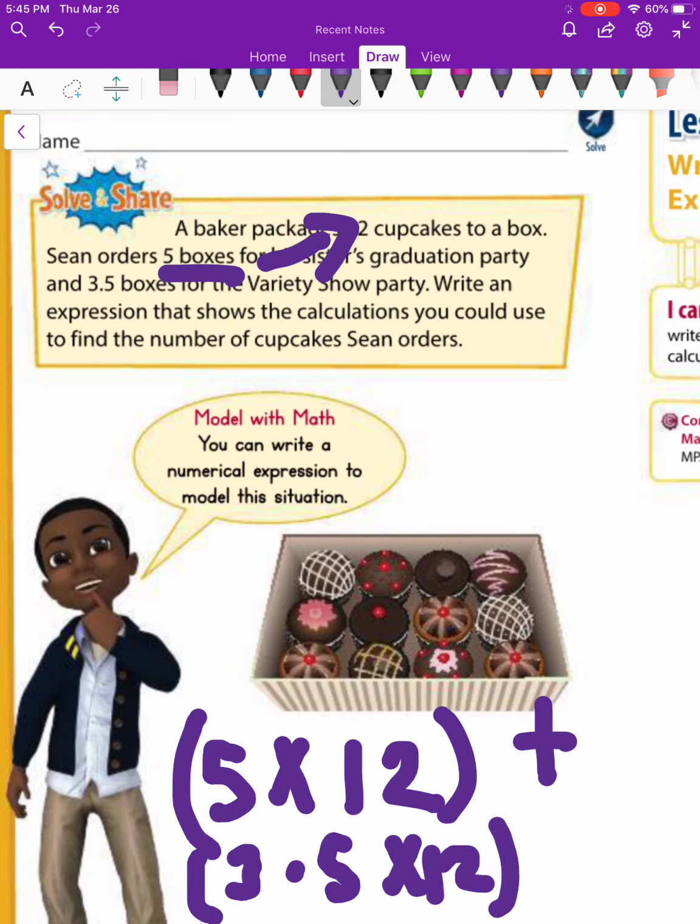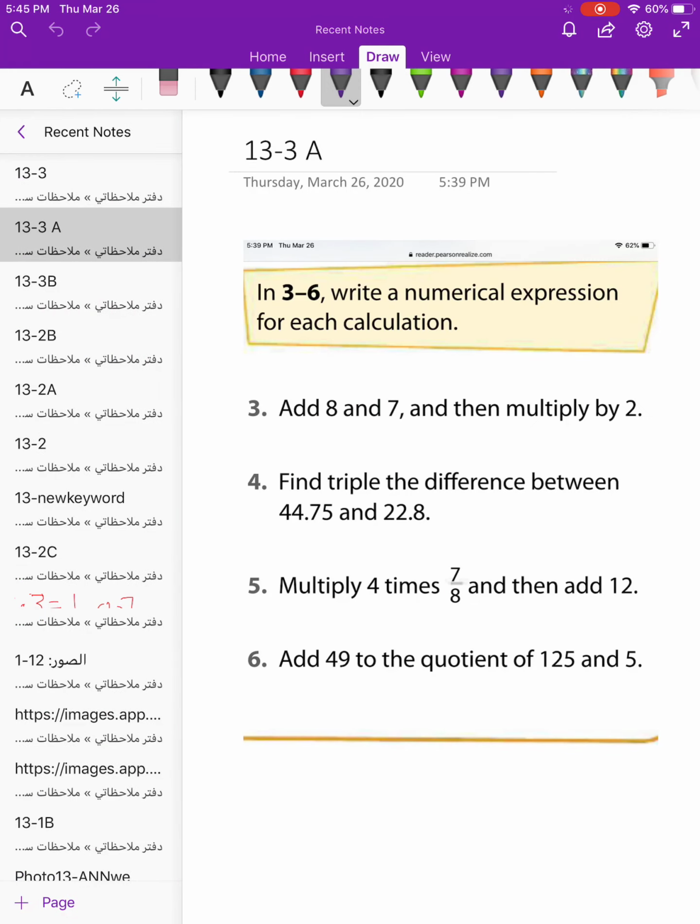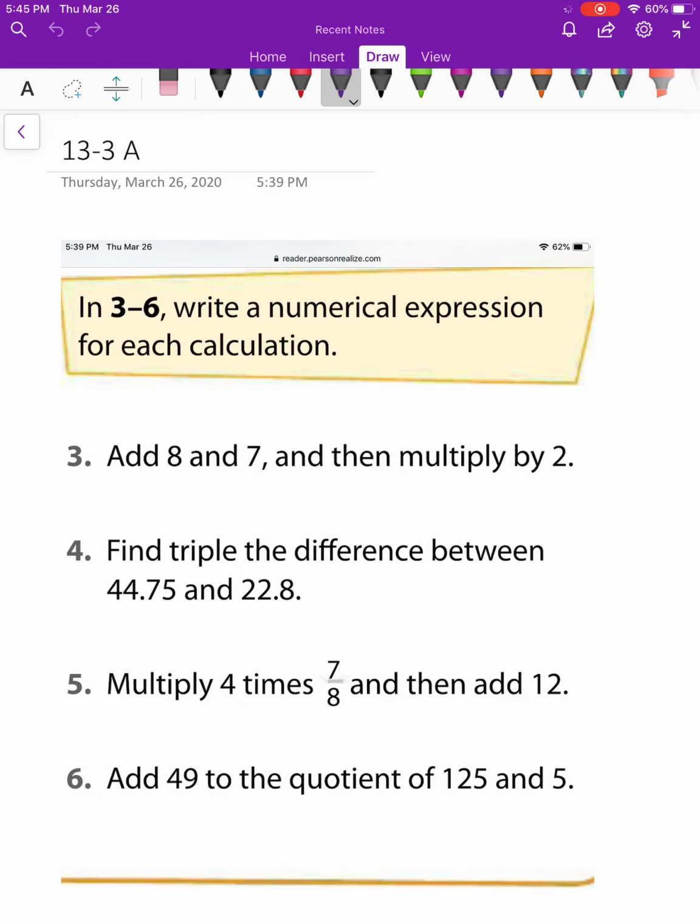That gives me the number of cupcakes Sean ordered. This is the first part, and let us move to the second part of our lesson, the expressions that we have to learn about.